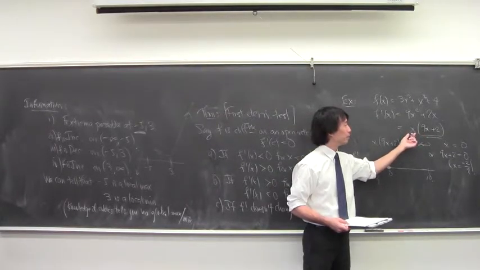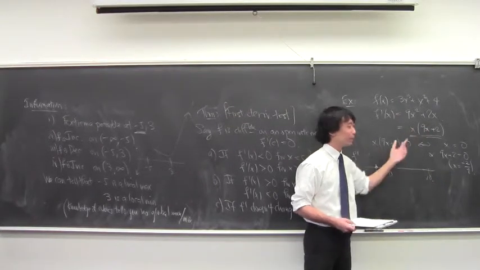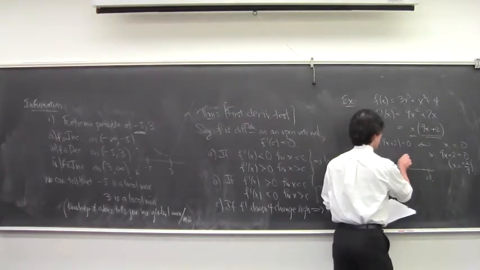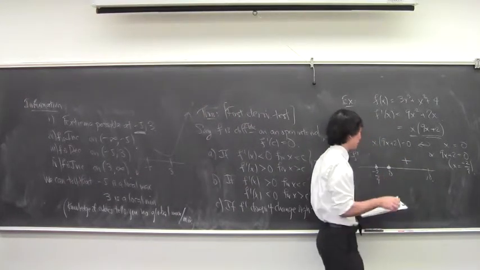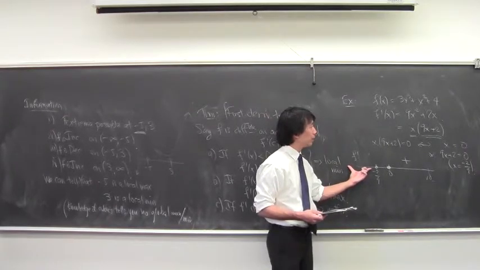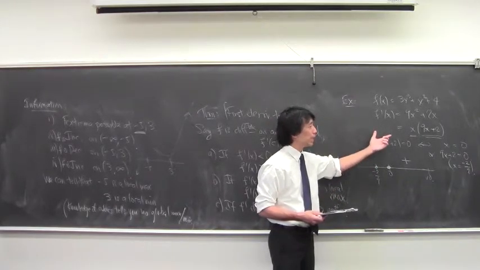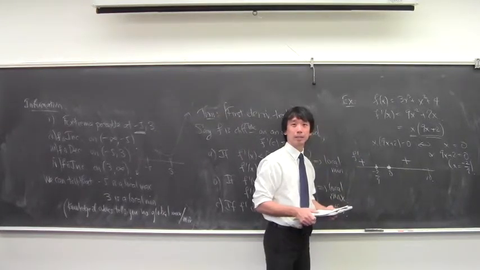Right? Because I get a positive number times a positive number, 10 times 92. That's certainly positive. So that tells me that on this whole interval here, I'm positive. And then you test the other points. You take some huge negative number, you get a negative times a huge negative, so this is positive also.